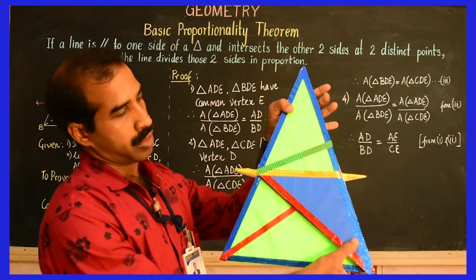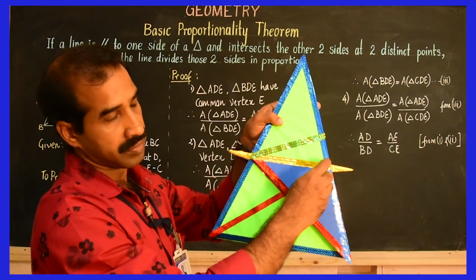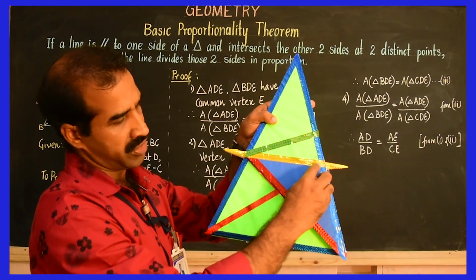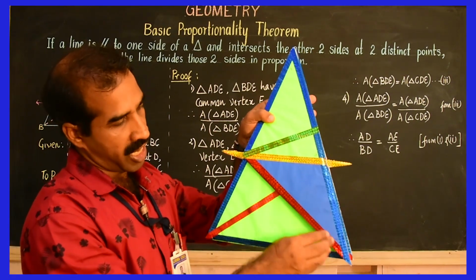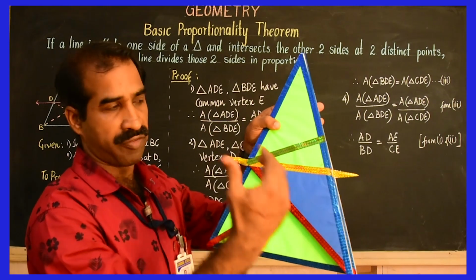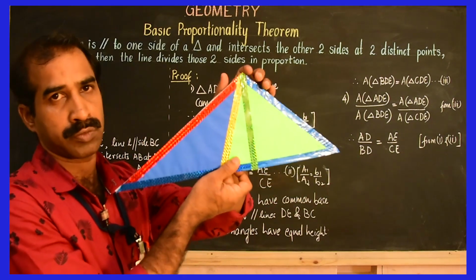Here you have got triangle ADE and triangle CDE. ADE is shown with green color shaded part and CDE triangle is shown with blue color shaded part. If I tilt the figure, you get it in this form.